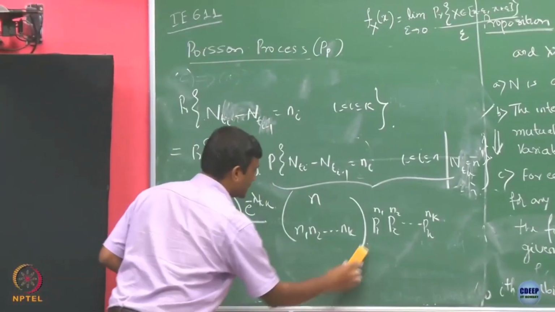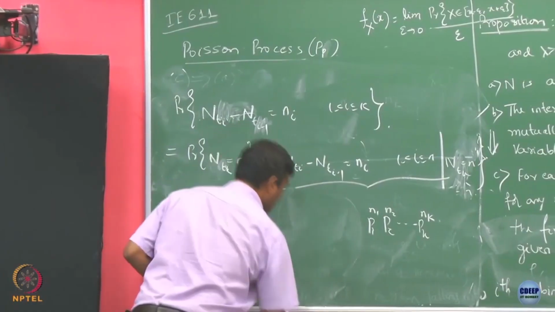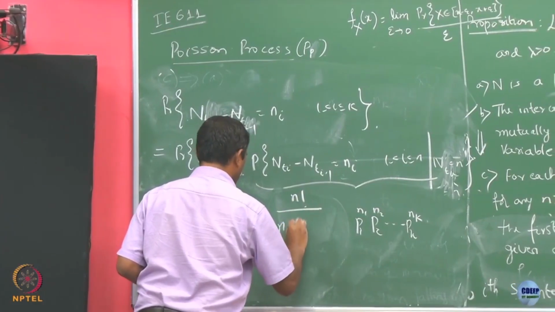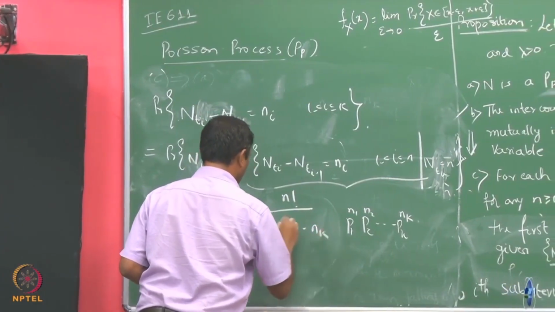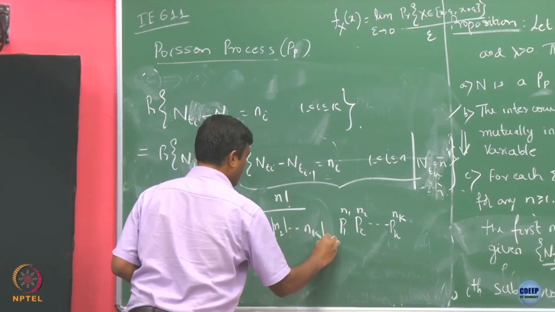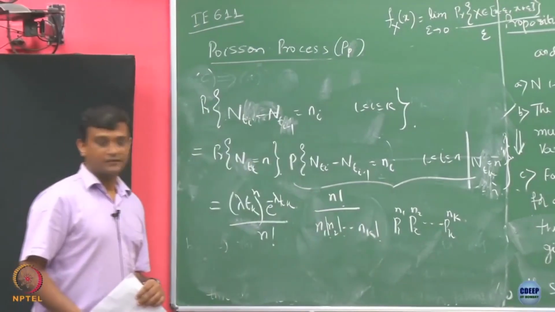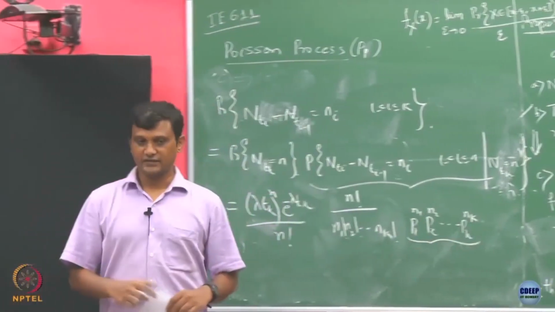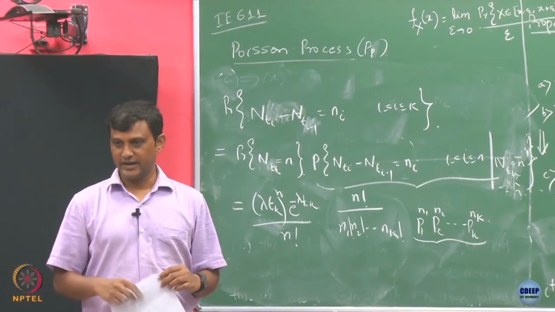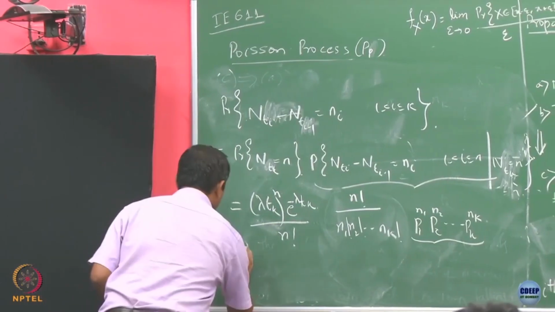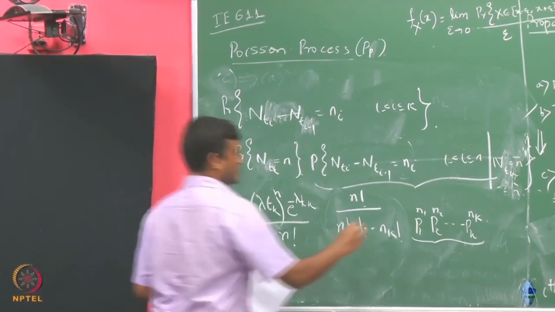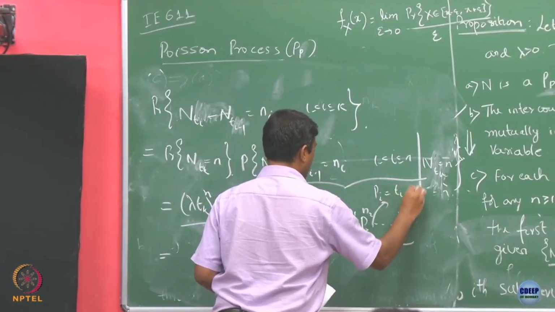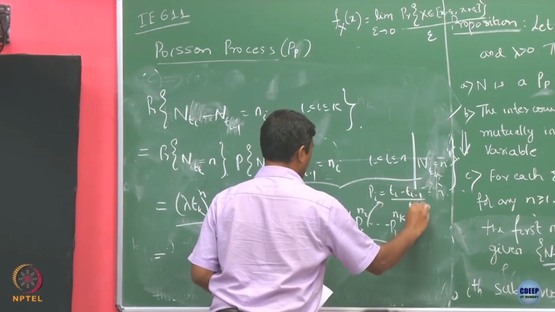So if you just replace this by n factorial divided by n1 factorial, n2 factorial, all the way up to nk factorial, and further replace each of the probabilities, as we defined earlier, in terms of their intervals, that is, you replace this p_i by what? (t_i minus t_{i-1}) divided by t_k.